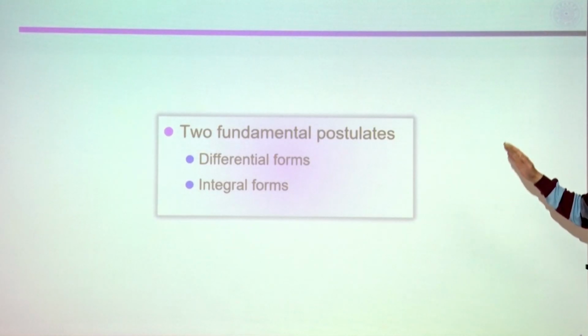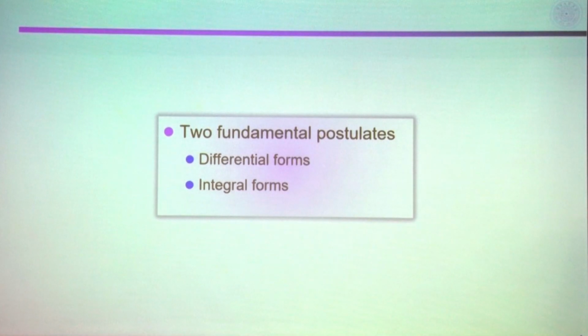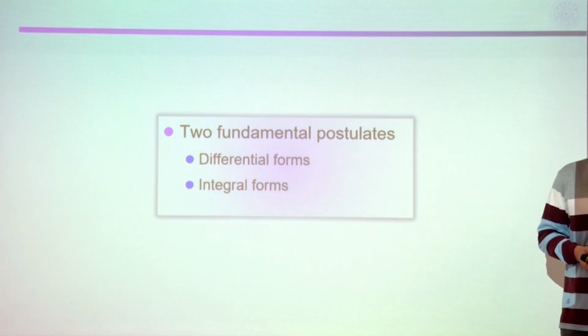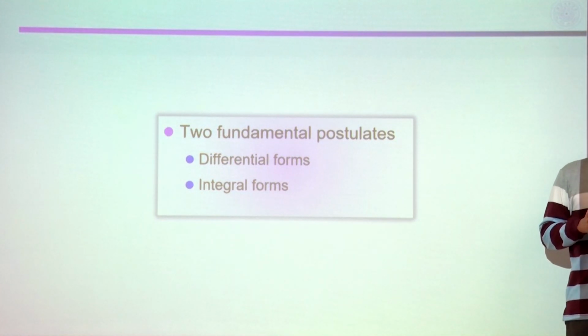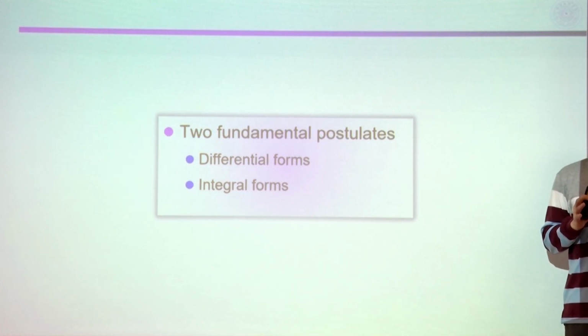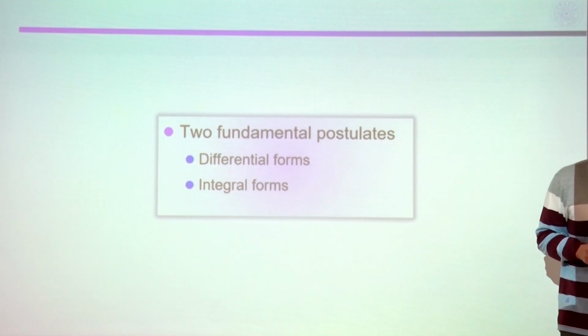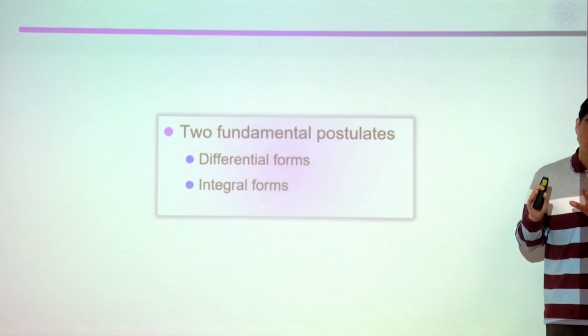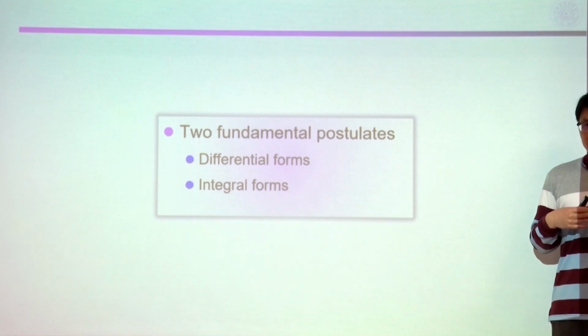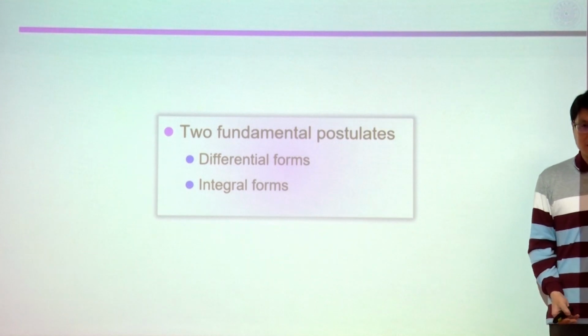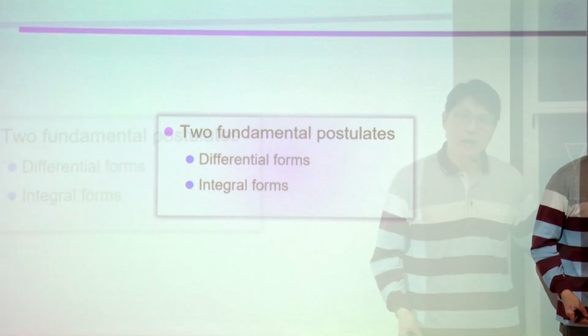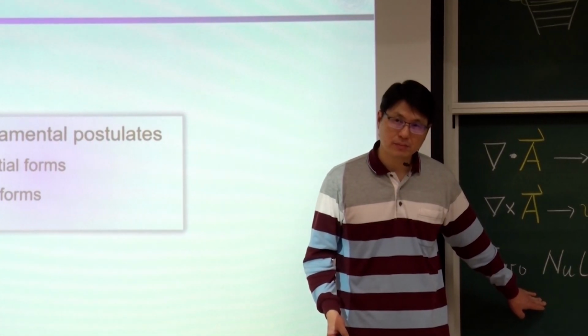So there are 2 fundamental postulates. Only 2. And now you have to think, this is based on your maybe previous understanding of electric field, but I really want to relate our understanding of electric fields to the 2 null identities.